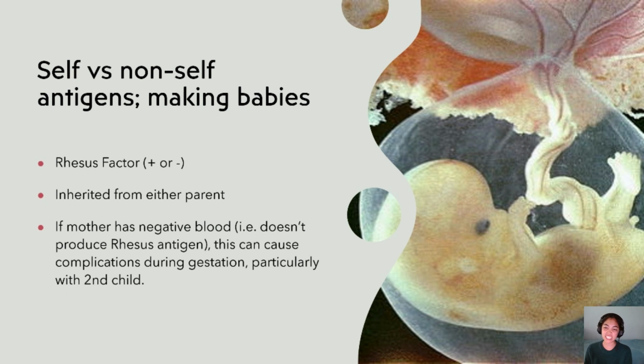It might start attacking the baby, which can definitely cause a few complications. But we can get around it by using medication or treatments to try and stop this from occurring.